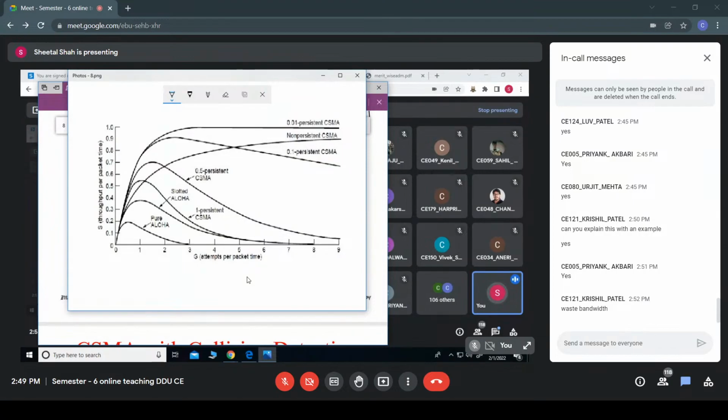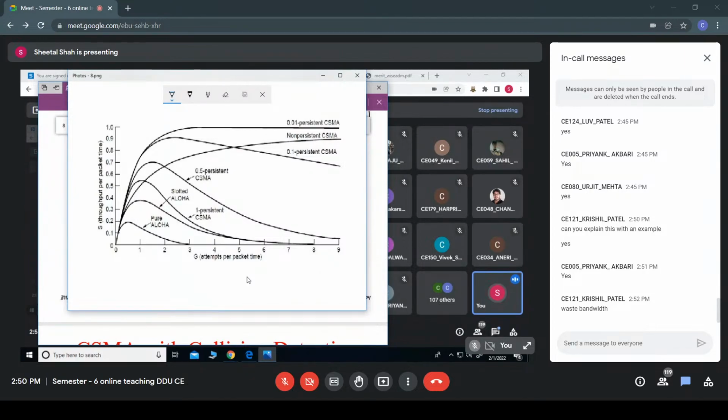Whereas this is 0.5-persistent CSMA, p-persistent CSMA. If the load is less, this would be better. And as the load increases, suppose a number of stations are ready to transmit at the same time, then as the p value decreases, the performance increases. 0.1-persistent CSMA means there is a 10% chance to transmit a frame, otherwise it has to defer.